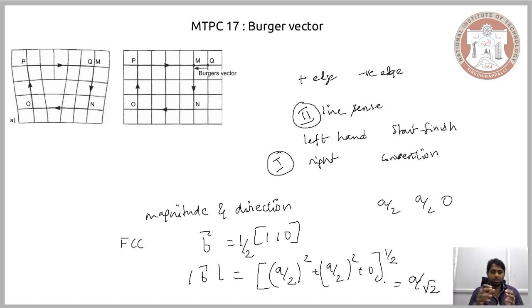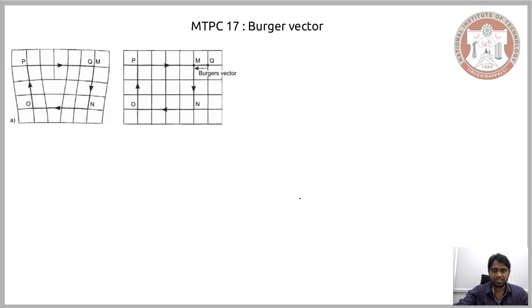Now when you have a dislocation where the Burgers vector is equal to the interatomic spacing in the regular lattice, or the Burgers vector is equal to the lattice translation vector, then the dislocation is referred to as the unit or the regular dislocation.